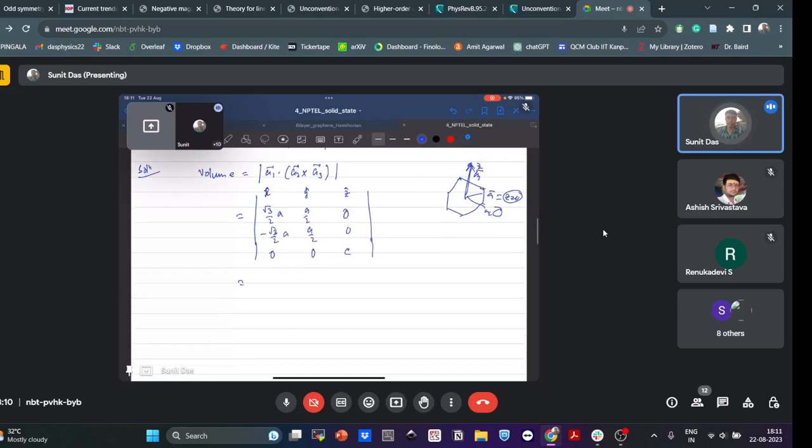So if we find this determinant, it is very easy to find if we fix this one as a base.